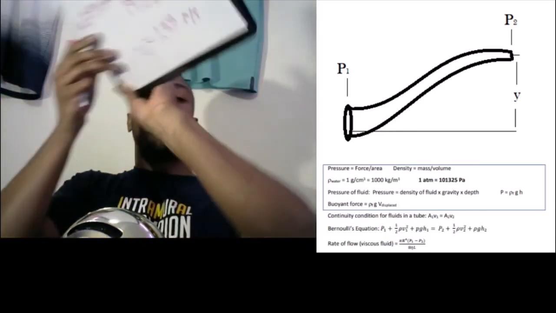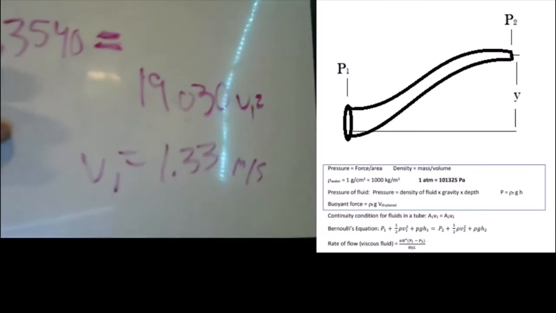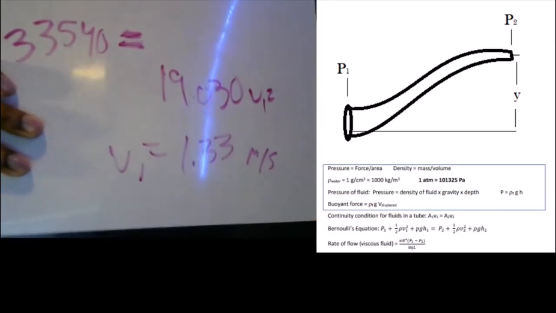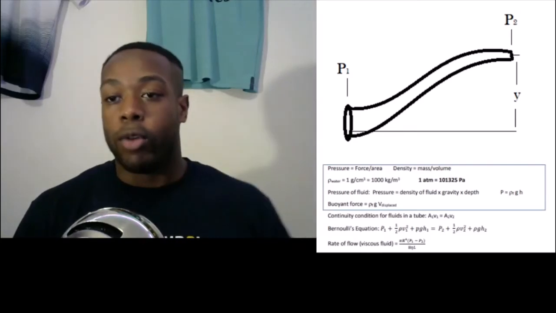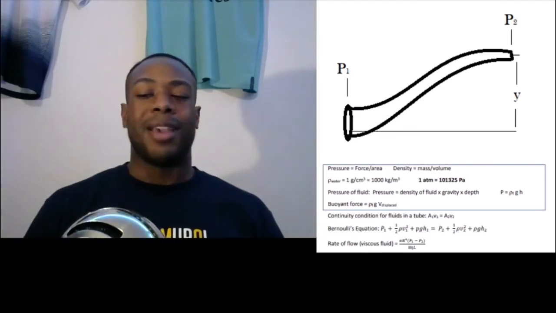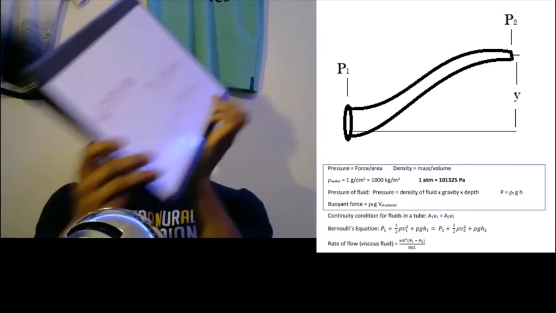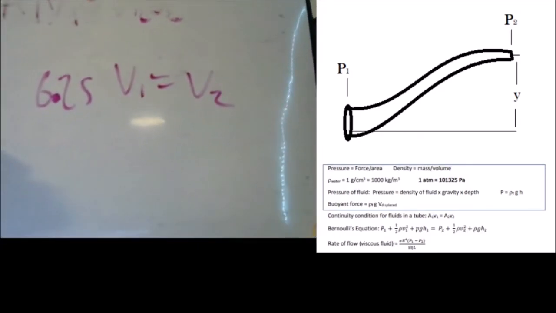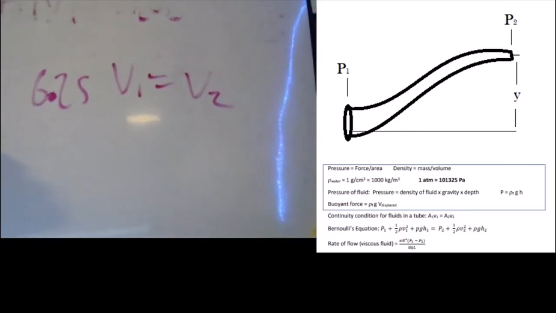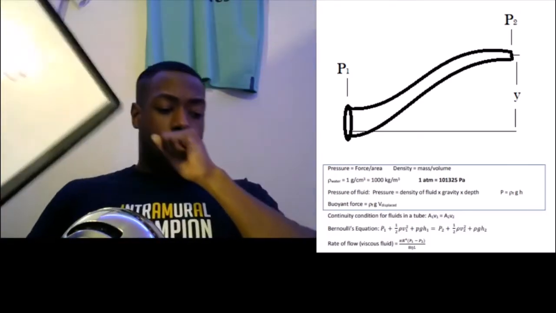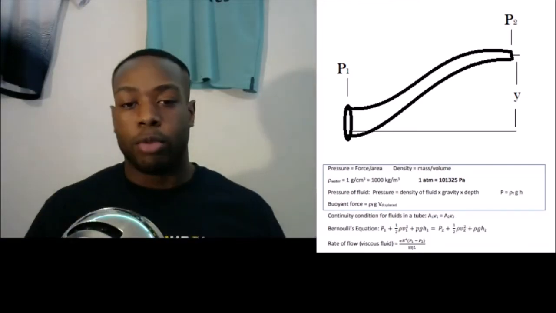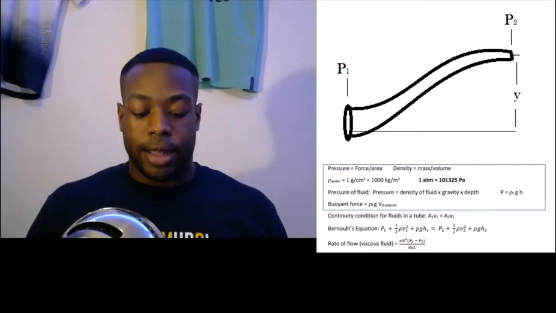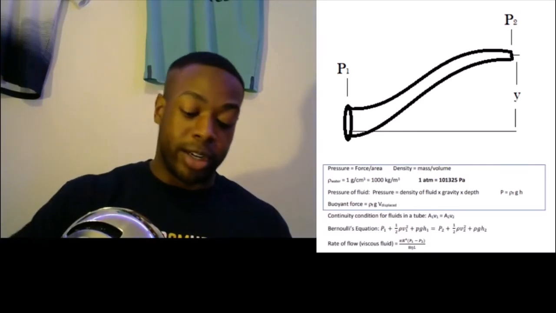So our velocity at our lower point is going to be 1.33 meters per second. So that's your velocity at the low point. We also know that at the other point, it's going to be velocity 1 times 6.25. So we're going to do 1.33 times 6.25. And that's because of our continuity equation, which we did earlier.